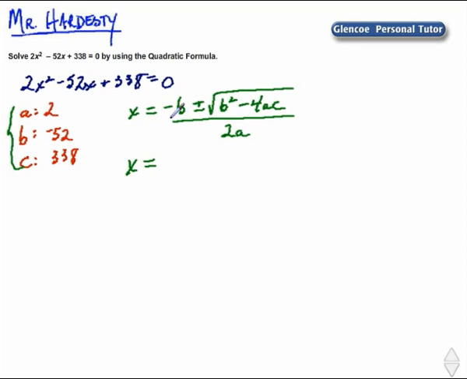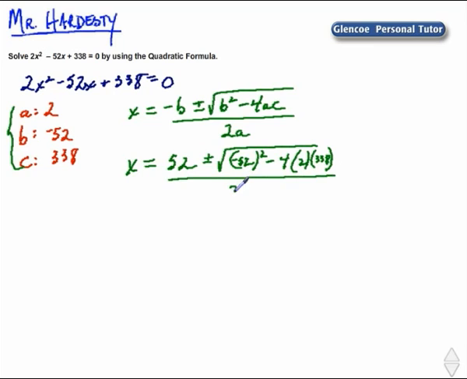The opposite of b will mean positive 52, plus or minus the square root of negative 52 squared minus 4 times a, which is 2, times c, which is 338, all over 2 times a, which is 2 times 2.